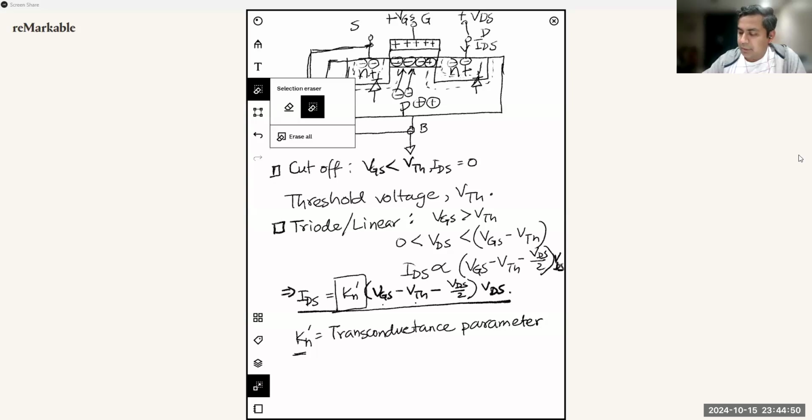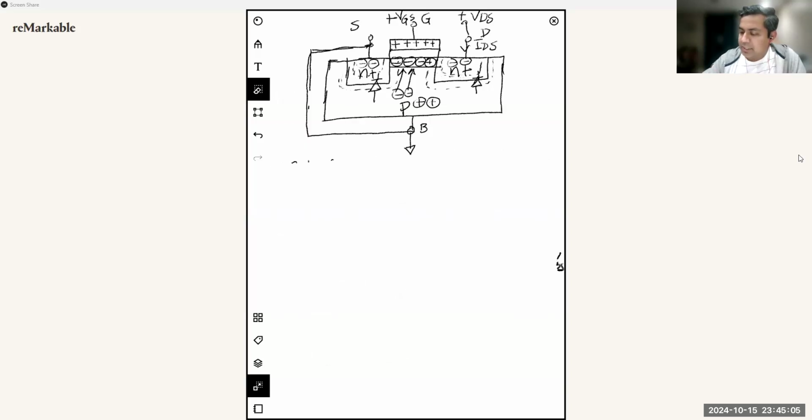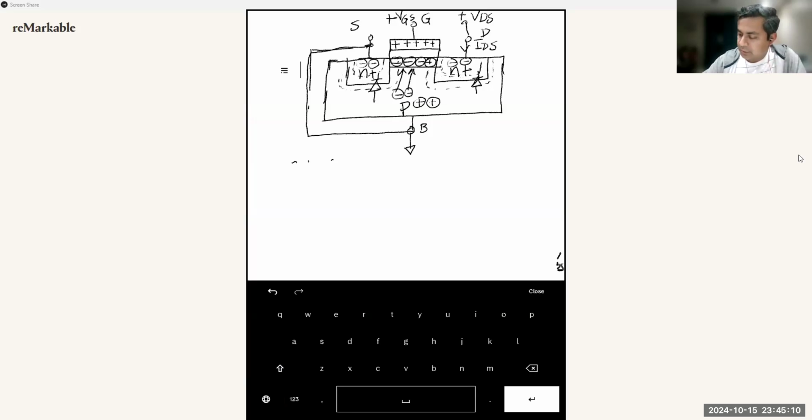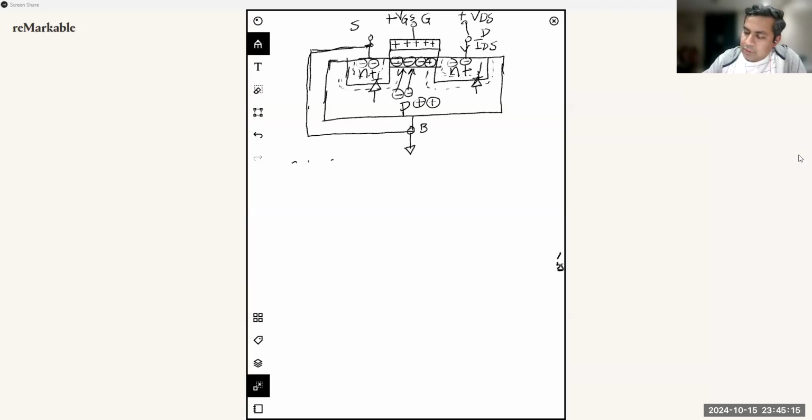Let me erase this part so that we can discuss that. So the third condition will be when VDS is greater than or equal to VGS minus VTH.